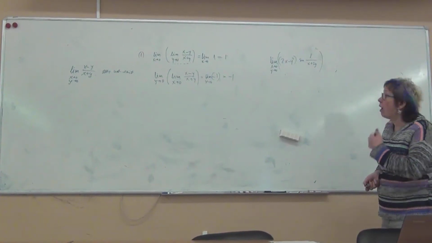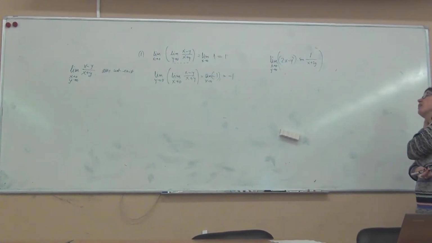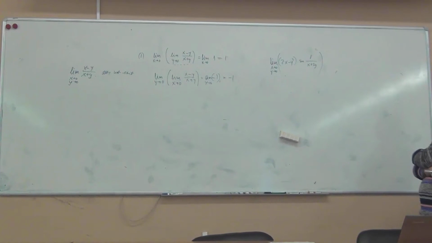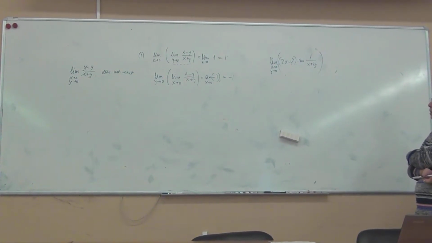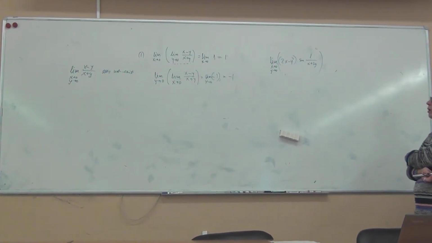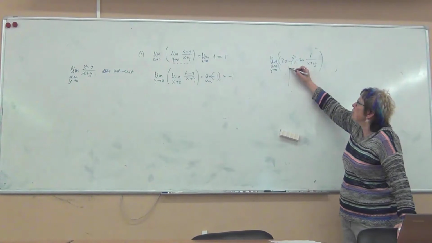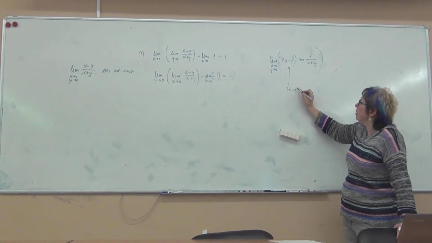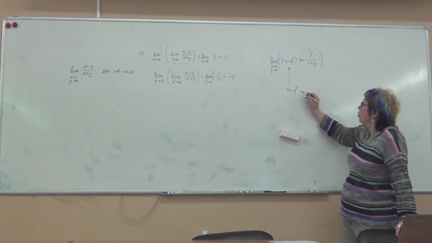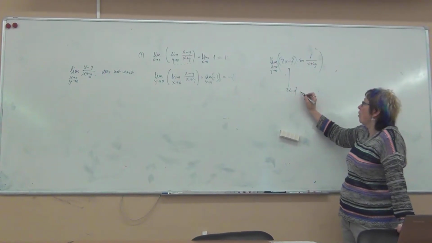So now, in this case, we are not going to do repeated limits. But we are going to consider what's going on. If both x and y tend to 0, this one, (2x minus y) cubed, tends to 0.